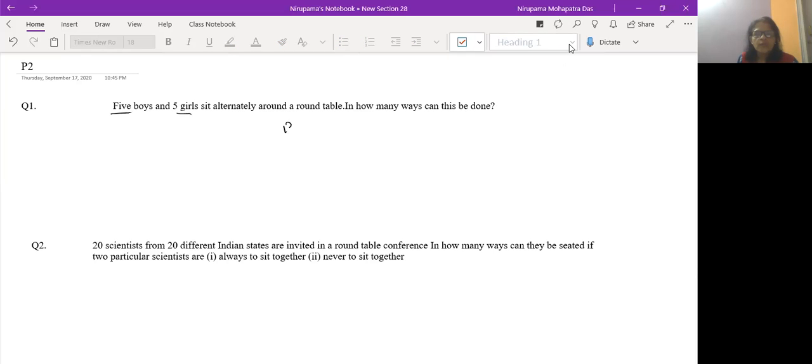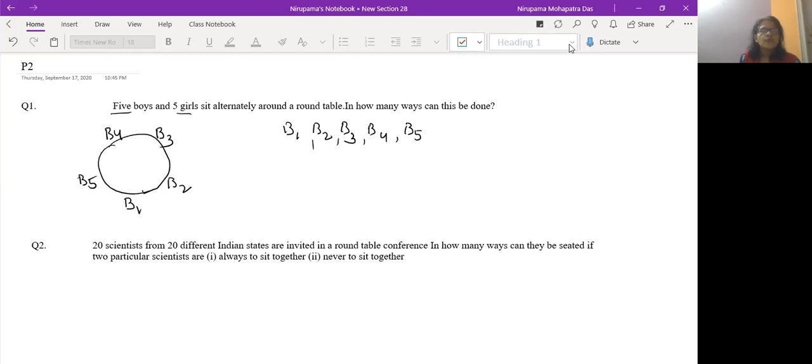We can take B1, B2, B3, B4, B5, 5 boys, sitting around a round table. The boys and girls are seated alternately.